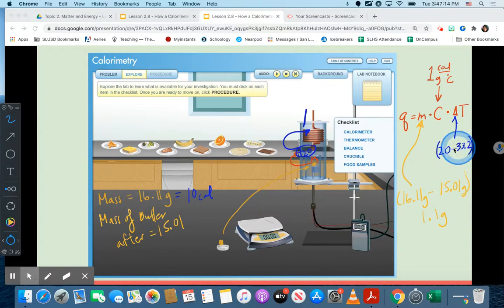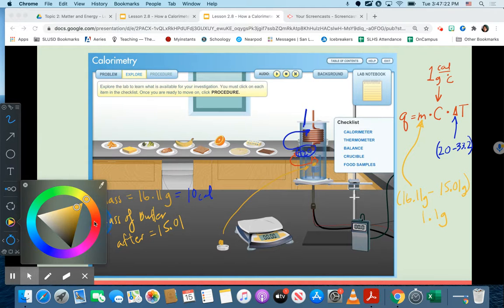And if I subtract these two, 20 minus 33, the temperature change is going to be 13.2, right? Note that I flipped these, but take the absolute value, or always take the positive number.